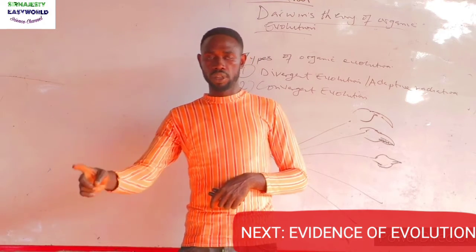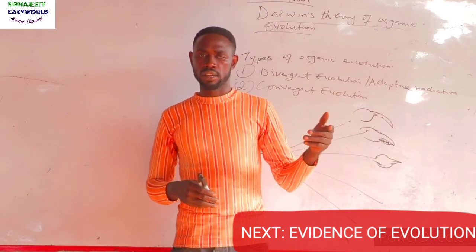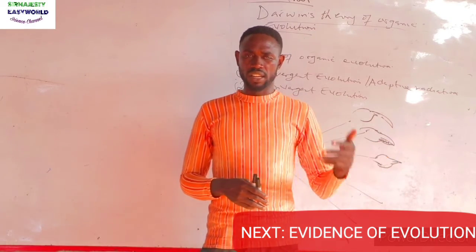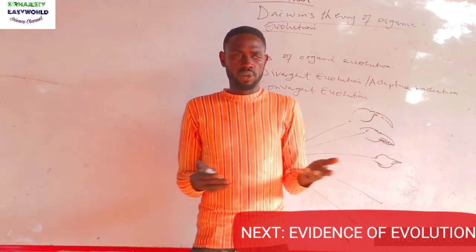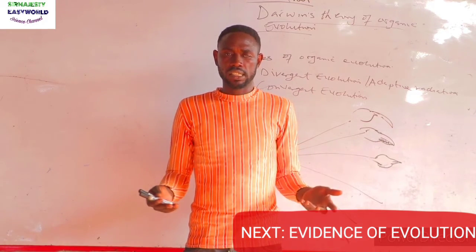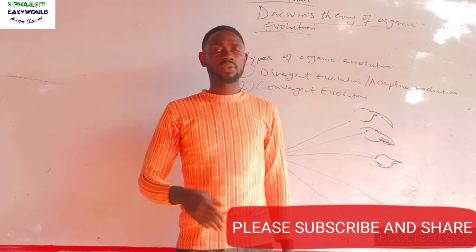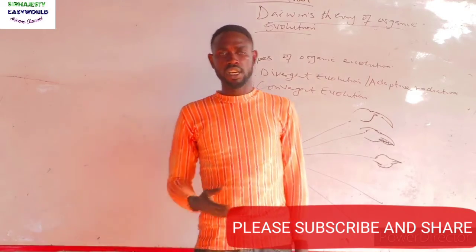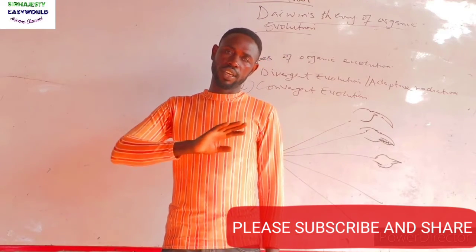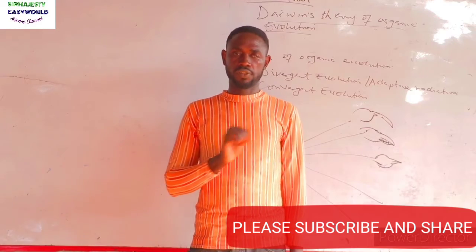So man and monkey are of different species. But an African man getting married to a Chinese, getting married to an Indian, getting married to an American, they will still give birth to humans, which means we are still of the same species. AA marries a sickler, they will still give birth to humans, which means they are not yet enough to become separate species. So that is it for the species definition.